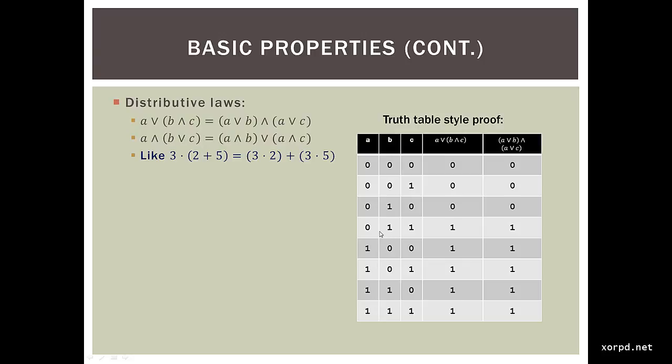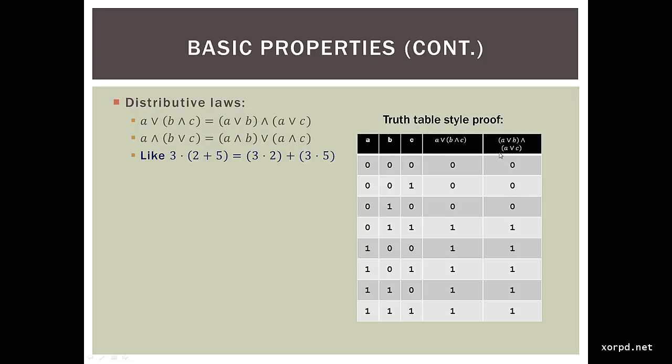Take a moment to see that the numbers that I counted in decimal correspond to the binary representation that we get from A, B, and C. And here we can see the two different sides of the equation. This row represents the left side of the equation.